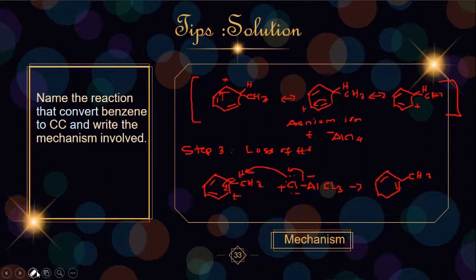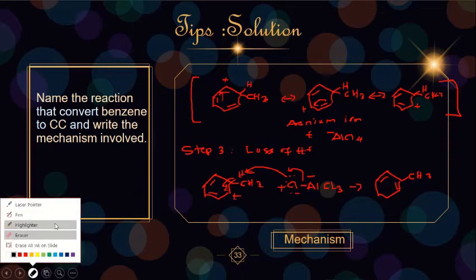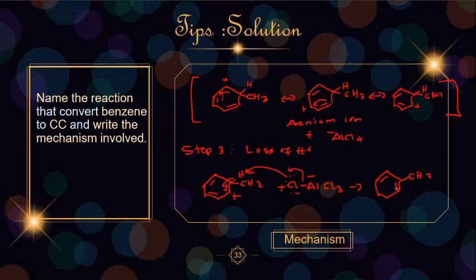Plus HCl plus AlCl3. So these are the steps to write the mechanism for Hydrocarbon alkylation.